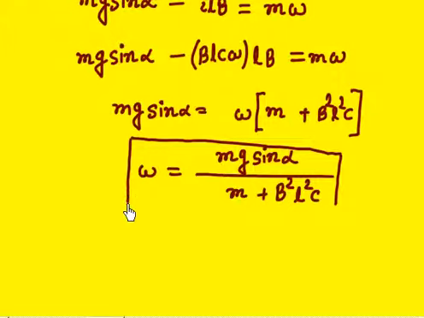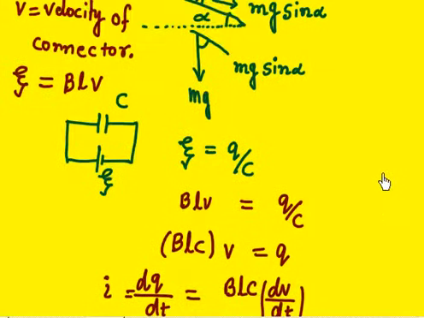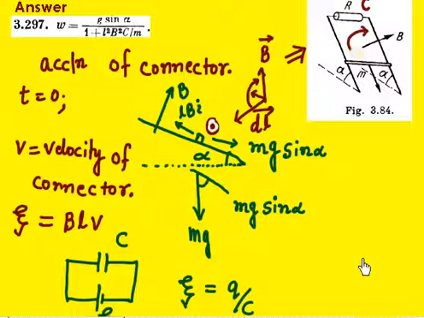So this is the acceleration. Now see, this omega is constant, m is constant, alpha is constant. So omega is basically constant. This is another important point we have. Are you getting or not? You can divide by m also.